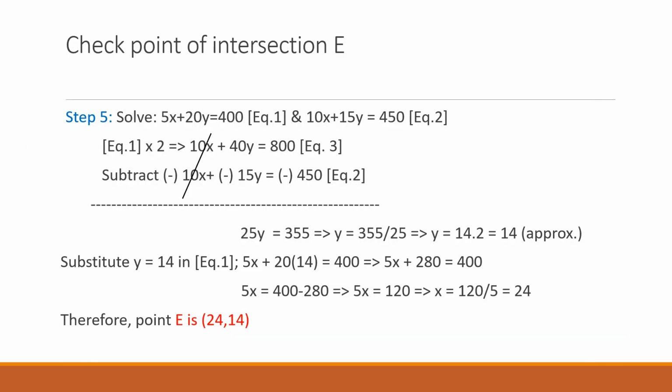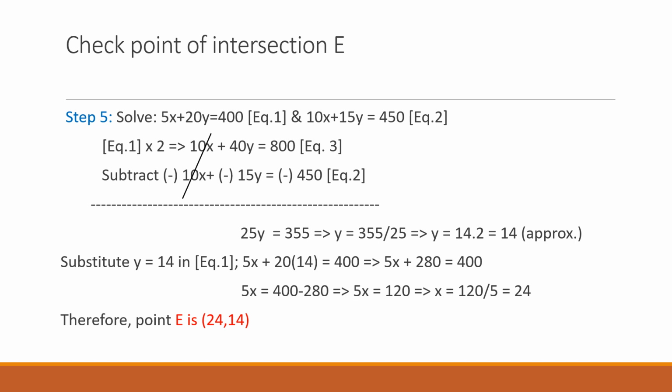The next step is to check whether the point that we have found on the graph is right or wrong. I am talking about point E. We have to check if point E is as denoted, (24, 14). How to check? Very simple.